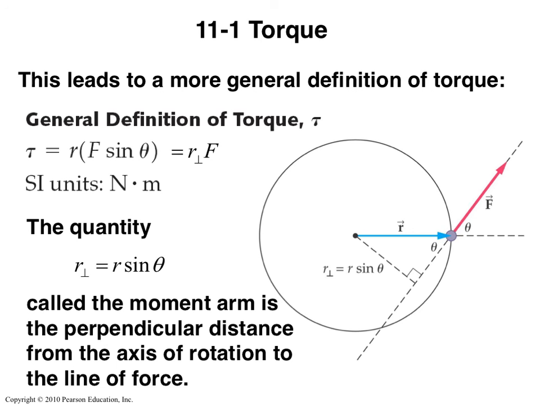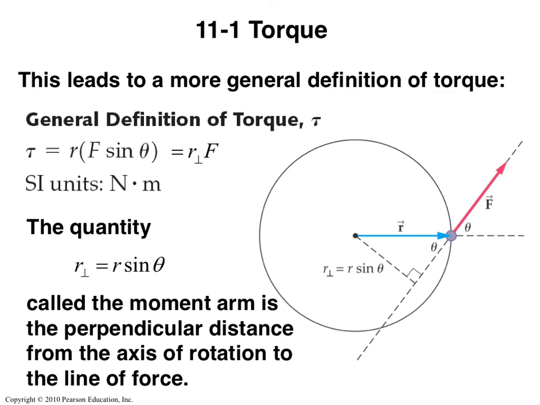That's what I mean by the moment arm. A point and a line, there's only one unique distance. You can do this for another drawing, right? Axis of rotation, line of force. Can you see this is the perpendicular distance? That's the moment arm. You can do many of these.